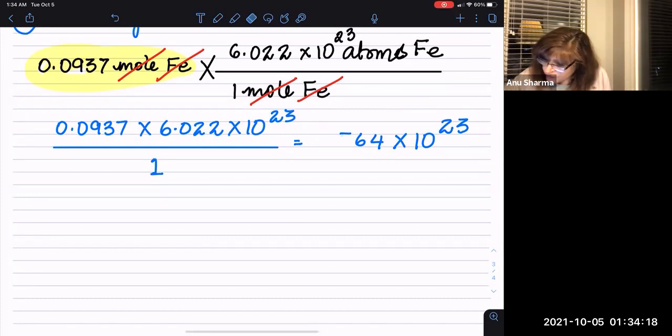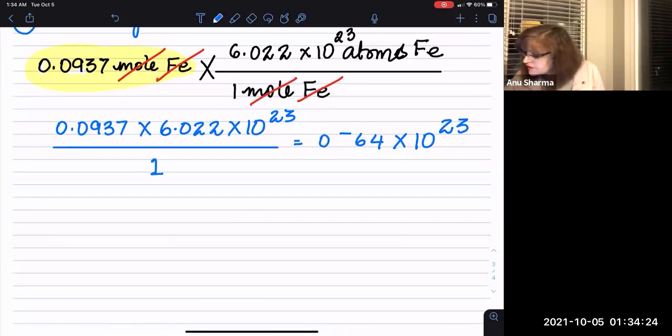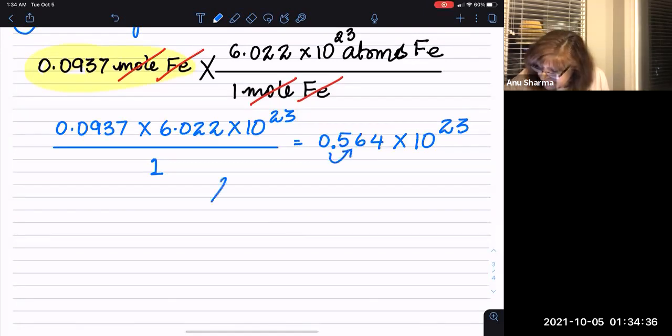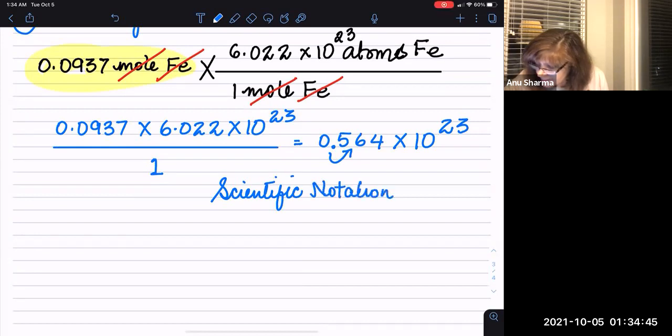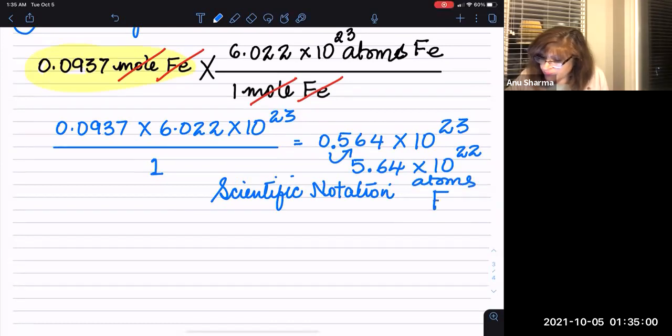There is a decimal here, so you move the decimal one place and bring it into scientific notation. And when you do that, this becomes 5.64 times 10 to the power 22. And that is the atoms of iron.